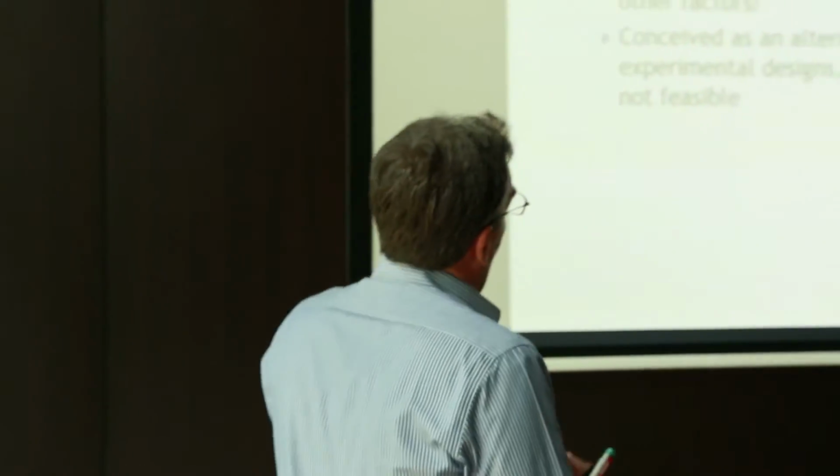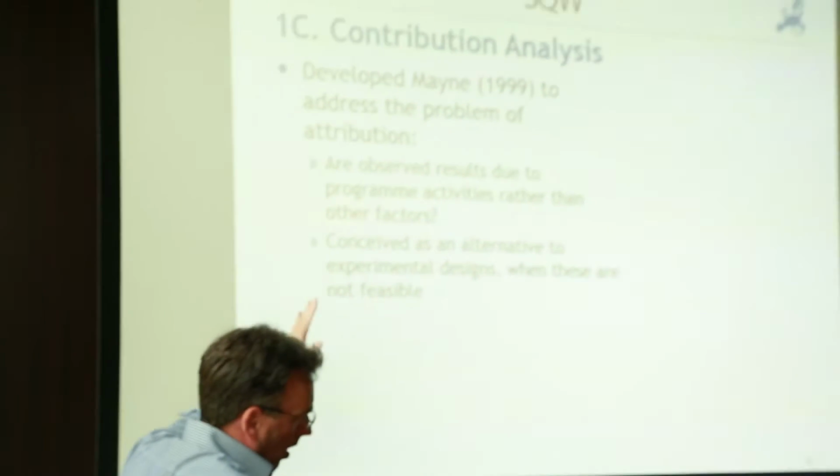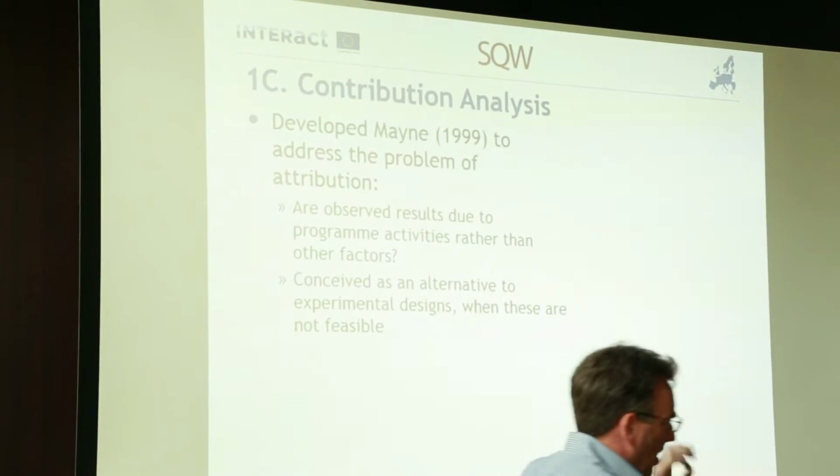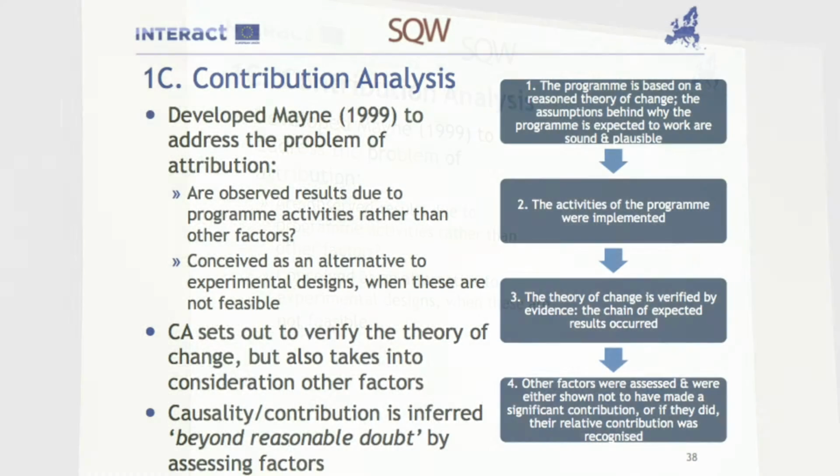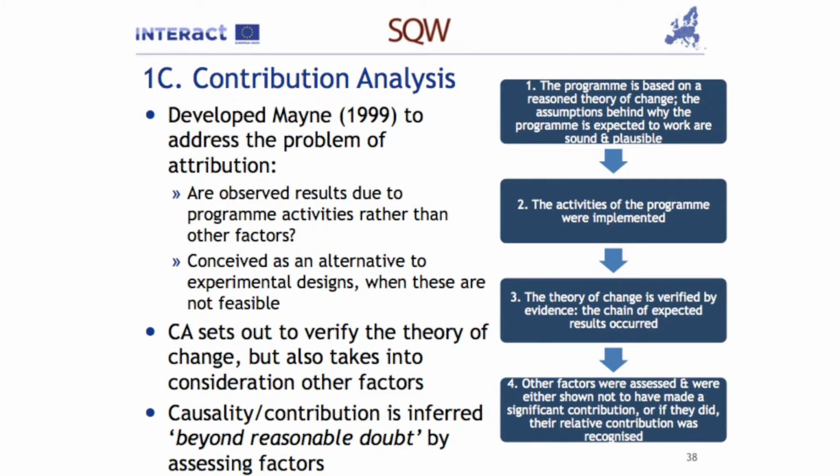Contribution analysis is related to theory of change, but it's about trying to understand which particular parts of the program or the intervention appear to have been particularly causal in delivering what we are observing. It was developed by a single academic, John Mayne, in 1999, and addressed the problem of attribution.